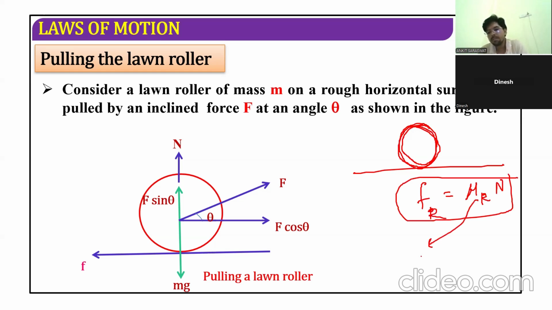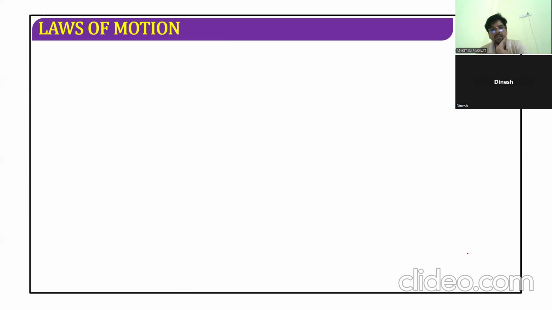The meaning is the same, but it is not that much important. If something is going to roll on a rough surface, there is rolling friction.